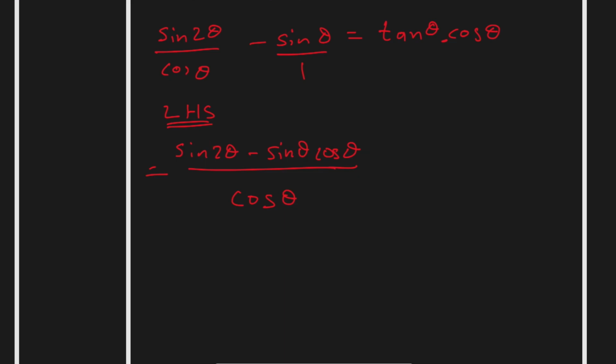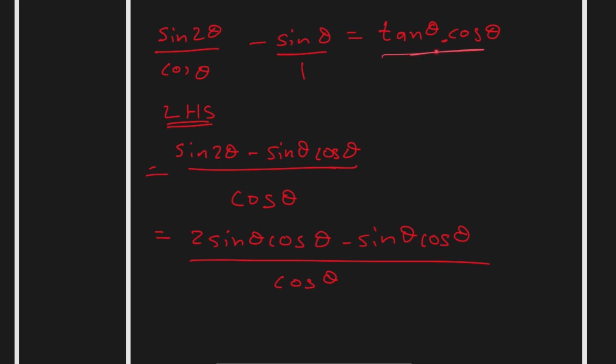So if we change that double angle, we're going to get the double angle of sine as 2 sine of theta and cos of theta, minus sine of theta cos of theta. So if we do it like this, it will lead us to the answer. Okay, but we should always look at the relationship of what we have to what we are looking for.